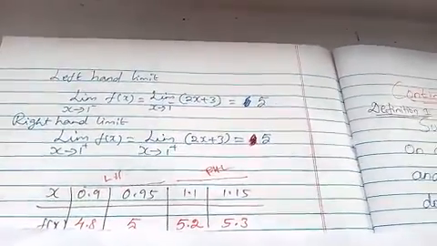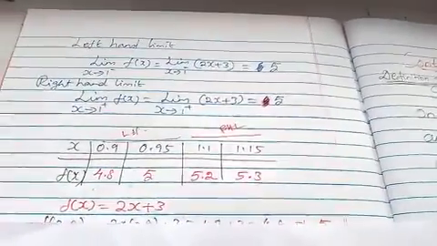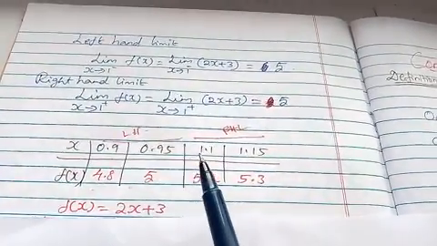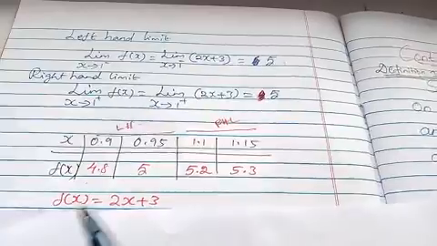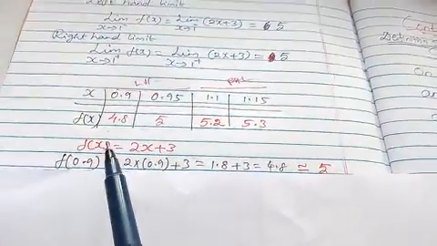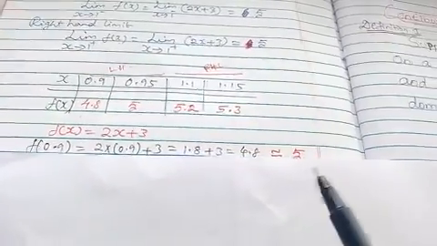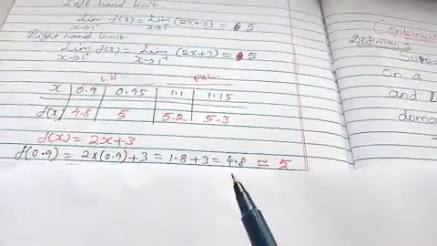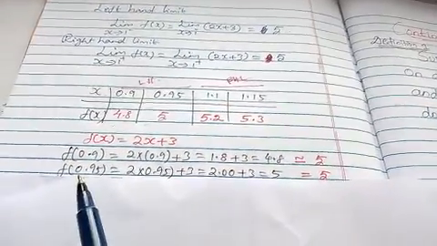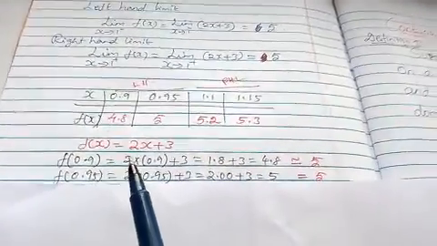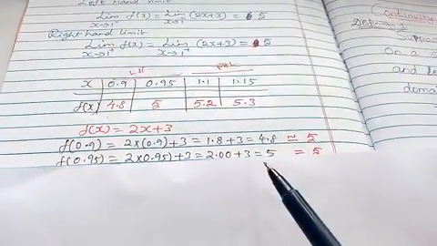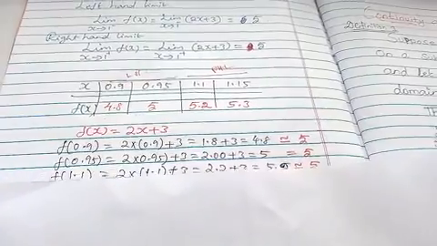When you replace the values 0.9, 0.95, 1.1, 1.15 in f of x, what do we get? When you replace 0.9 in f of x, we get 4.8, which is approximately 5. When you replace 0.95, we get approximately 5.